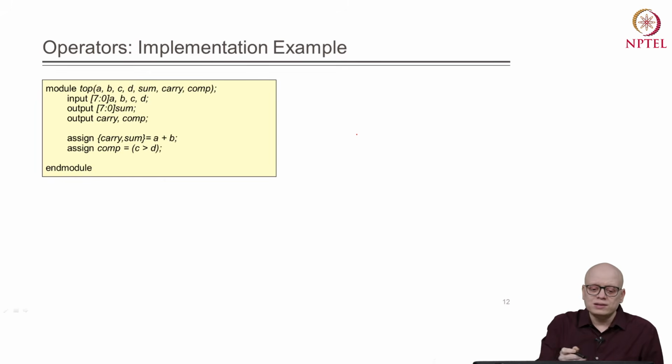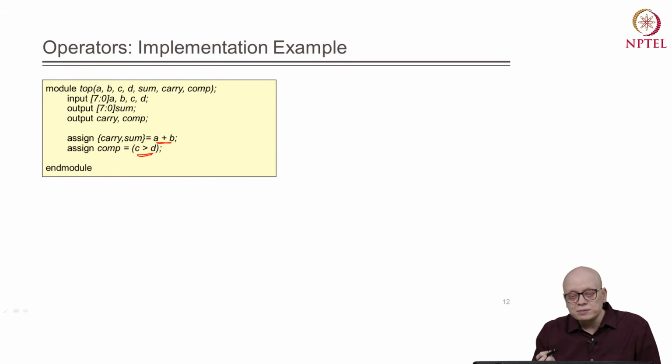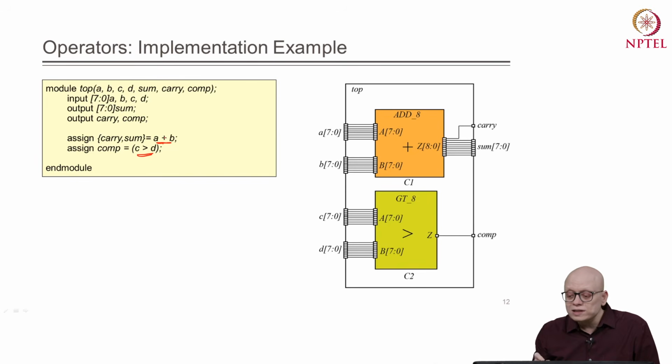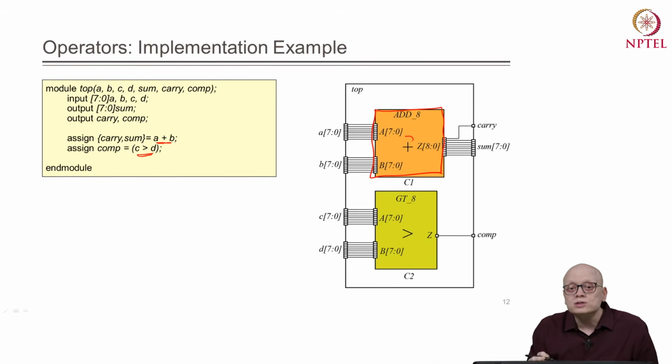Suppose we are given this module in which there are 2 operators: an arithmetic operator A plus B, and a relational operator C is greater than D. Now, how will it be implemented in the form of a circuit? The tool internally will have an adder implementation, and the tool will simply instantiate it, and while instantiating it will choose the parameter value.